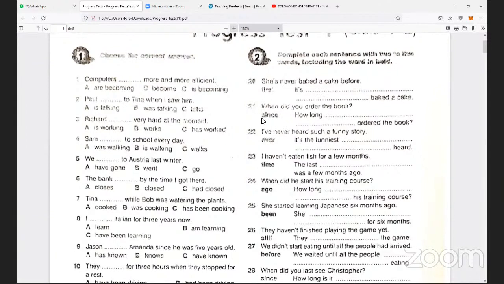In this case, it is since, okay? So we have to complete this question, trying to relate it with this one, but using this word. You could add, for example, 2 to 5 words if it's possible, okay? If it's not possible, don't worry.